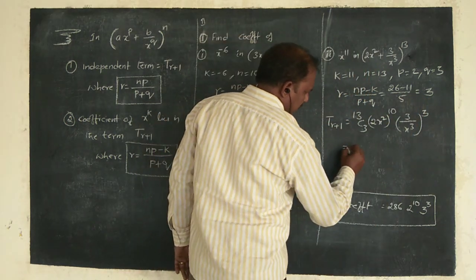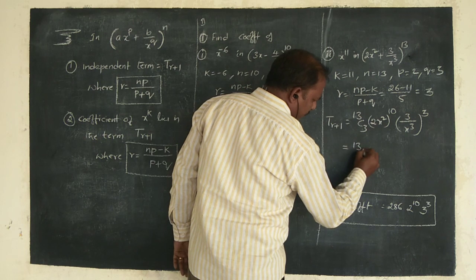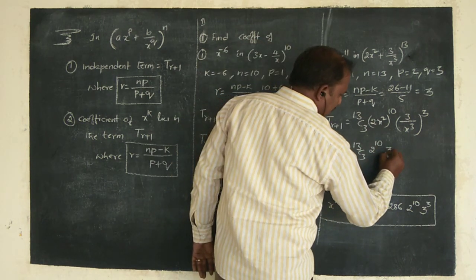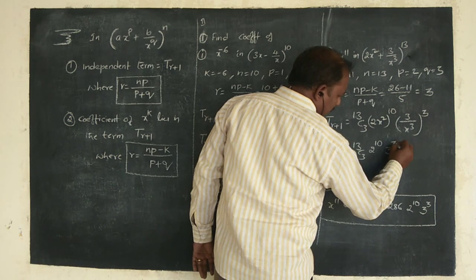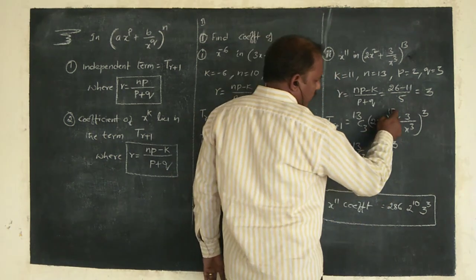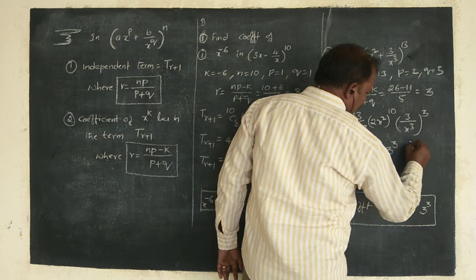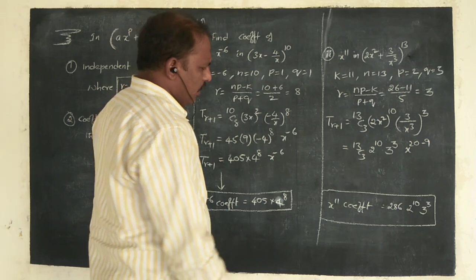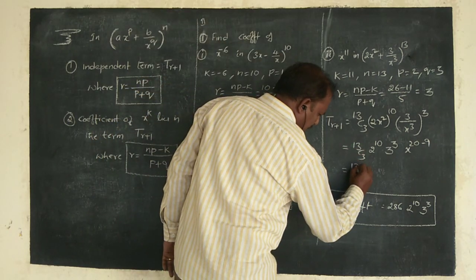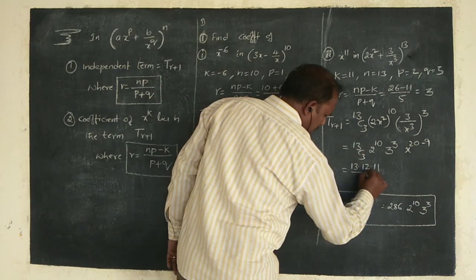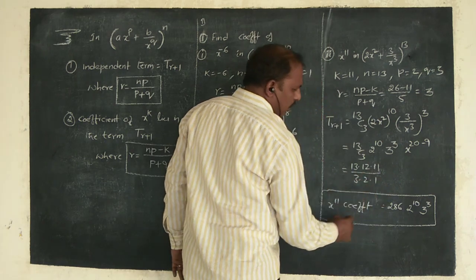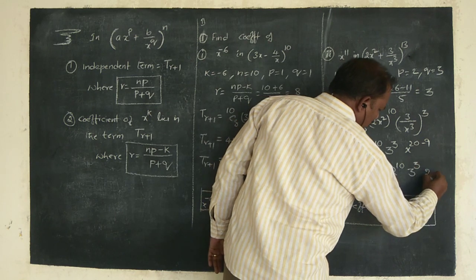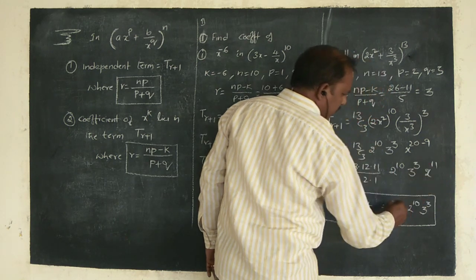So this can be written as 13C3, 2 to the power of 10, 3 to the power of 3, x to the power of 20 minus 9. 13C3 is 13 into 12 into 11 by 3 into 2 into 1, into 2 to the power of 10, 3 to the power of 3, x to the power of 11.